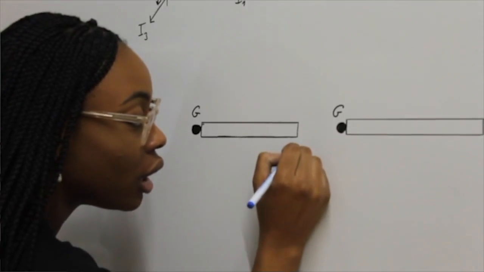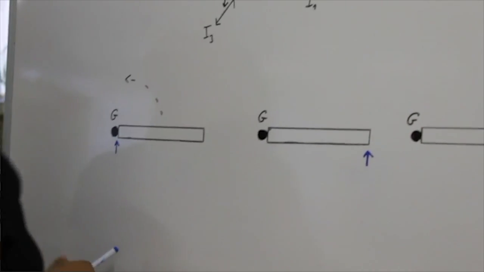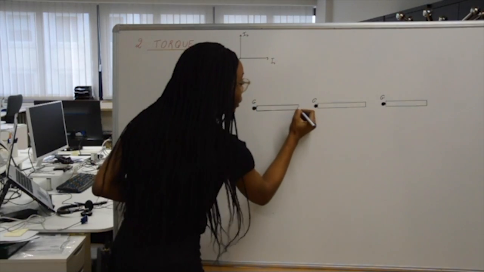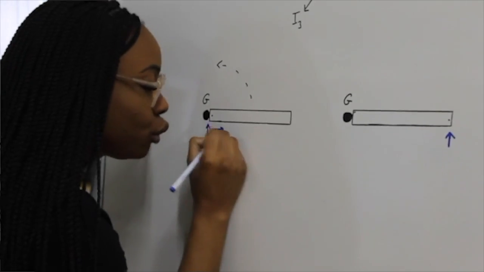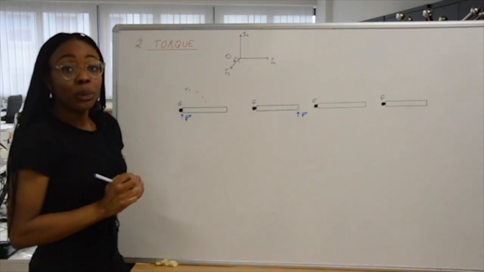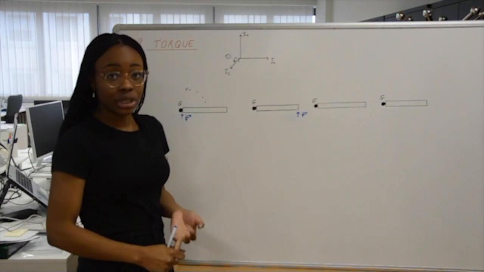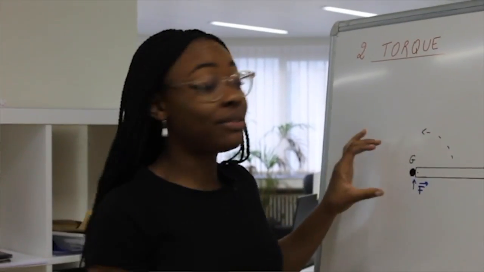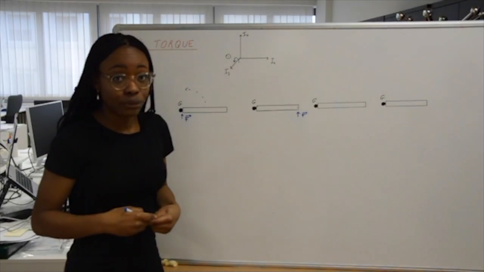Here, Lucy pushes the door far from the hinges, here. Now, we have two forces, here and here, with the same magnitude, the same direction, and the same orientation. So the difference between the effectiveness of both forces must be due to the point of application of the force.